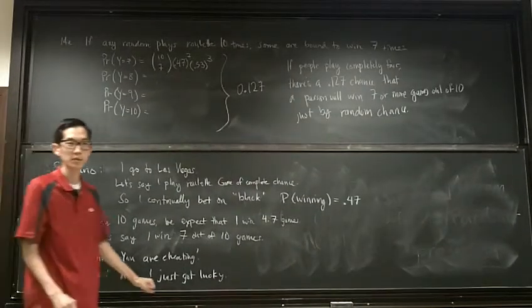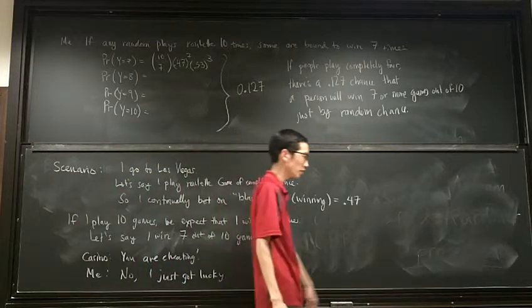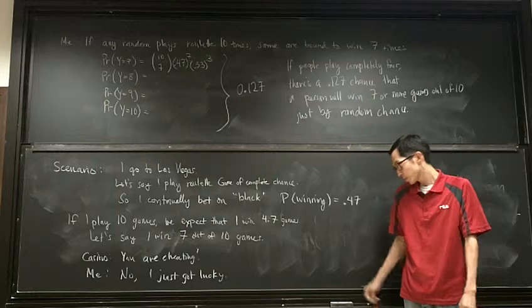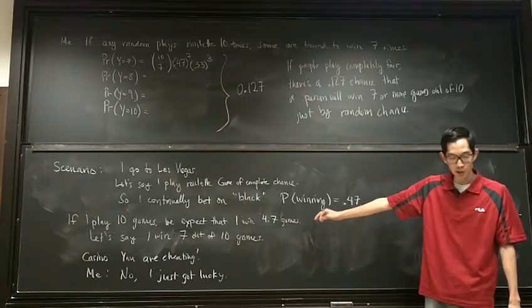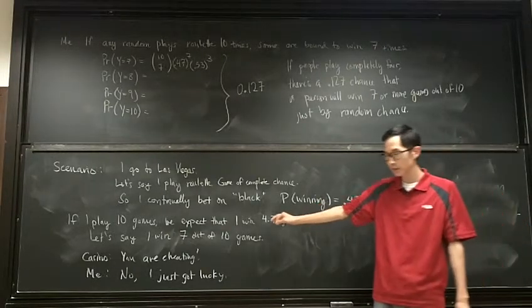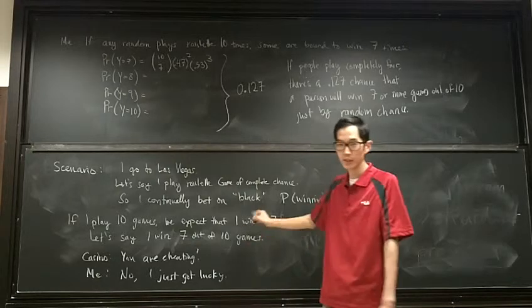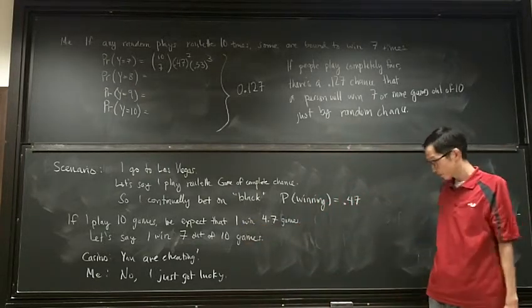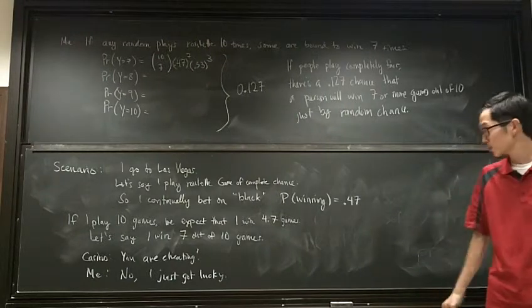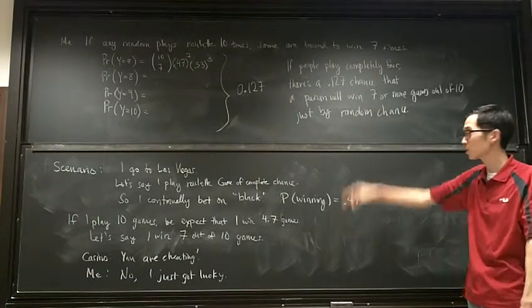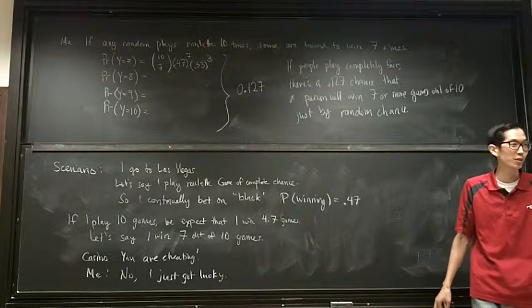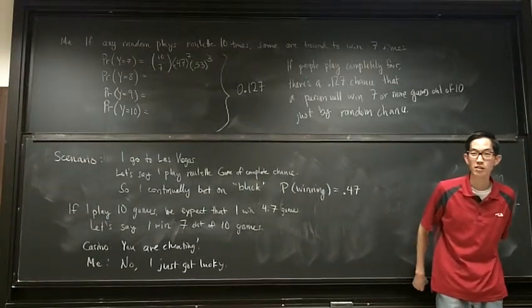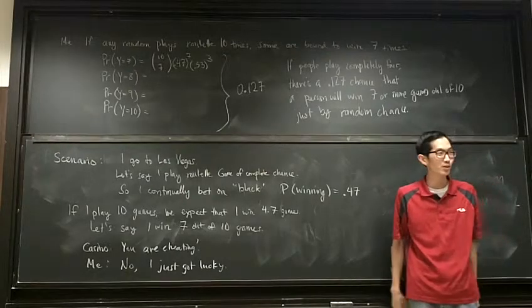Is this okay? So then I say, you're accusing me of cheating, but if you're using this as your rule, that anybody who wins 7 out of 10 games of roulette is going to be accused of cheating, you're going to end up accusing about 13% of your customers who are just playing fair. Okay? Now, does that seem like a lot of customers to be accusing of cheating?